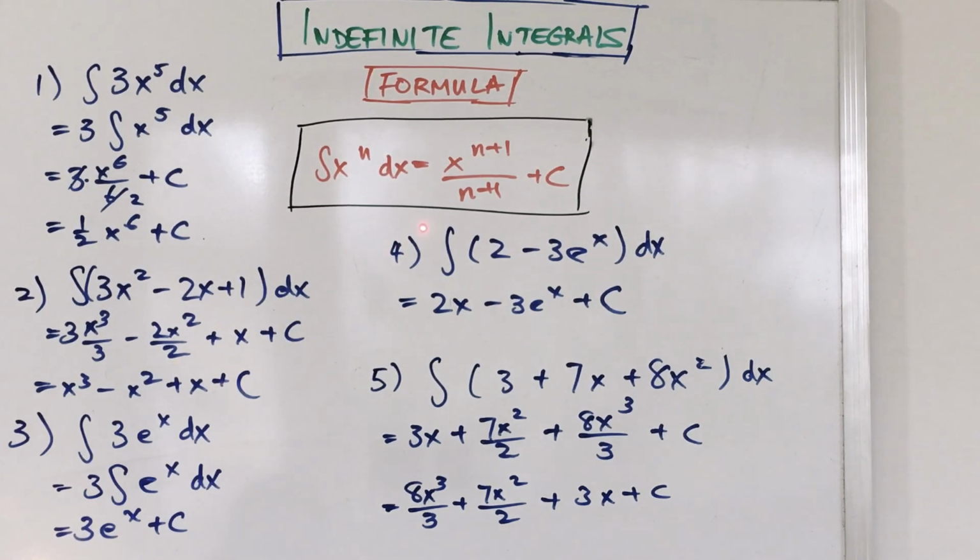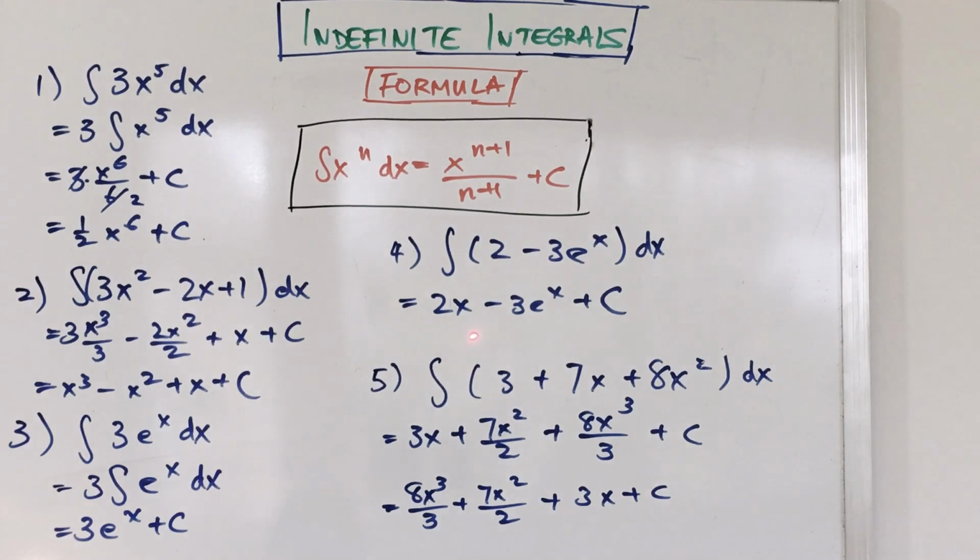Number 4, we're going to be learning now the same formula with the fourth example. So integral of 2 minus 3e to the x, 2 times x minus 3e to the x plus c.